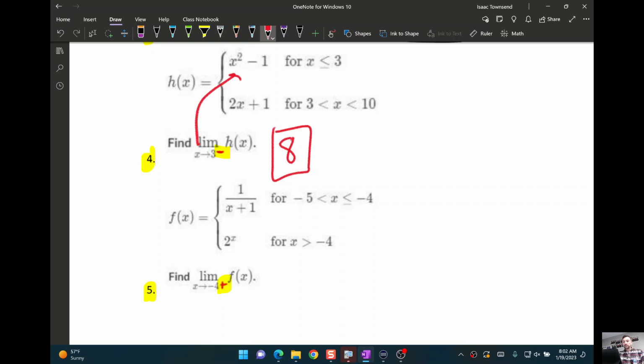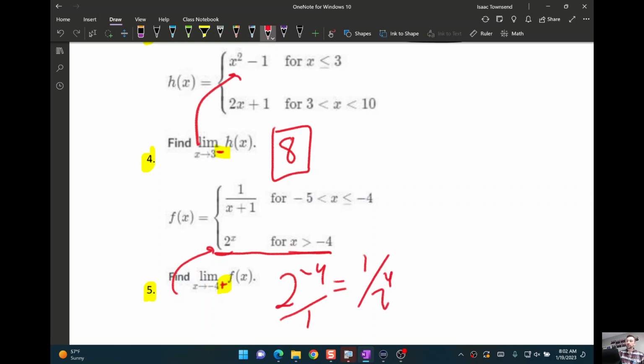Number 5 is negative 4 from the right only. So that's when x is bigger than negative 4, which would be the bottom. So you should get 2 to the negative 4, which if you want to leave it like that today, that's fine. But most of the time in mathematics, a negative exponent is considered unsimplified. So you can move it to the other side of a fraction to make it positive.